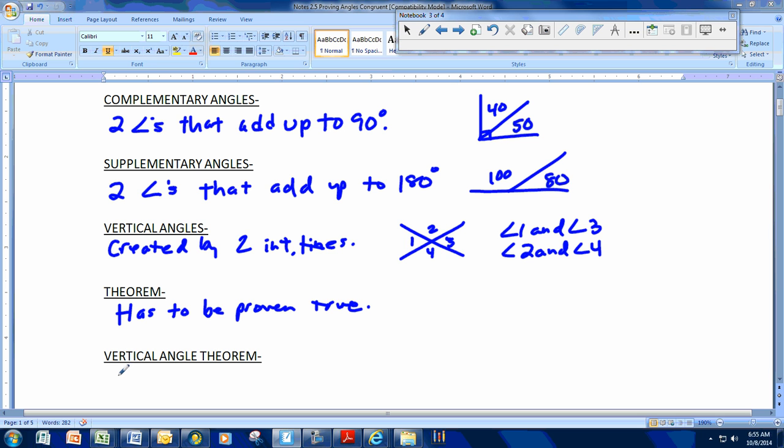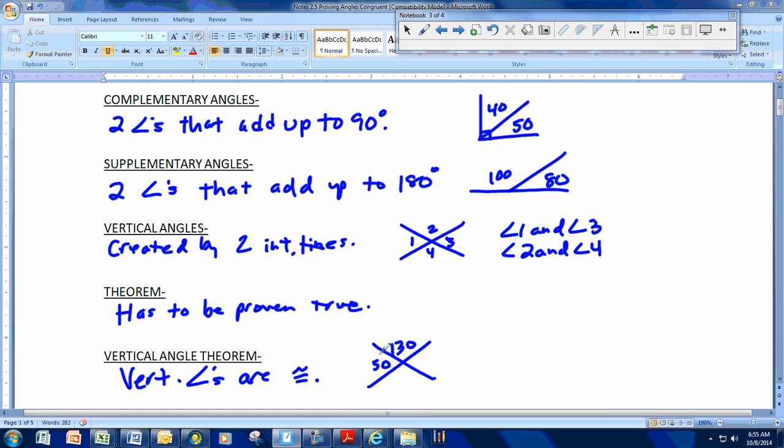The vertical angle theorem states that vertical angles are congruent. So basically what happens is if we have vertical angles, let's say this angle is 50. And how that's proven is if this angle is 50, then this angle next to it would be supplementary with that 50 degrees, making this 130 degrees.